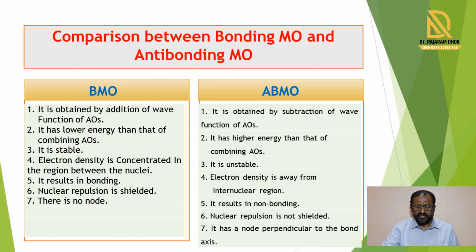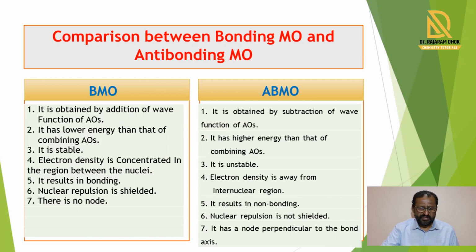Means the electron density is at two different points, and these two points are at equal distance from the center. Another difference: when there is bonding, there is formation of bonding molecular orbital, and when there is anti-bonding, there is formation of anti-bonding molecular orbital.